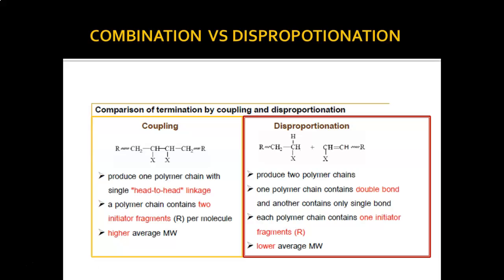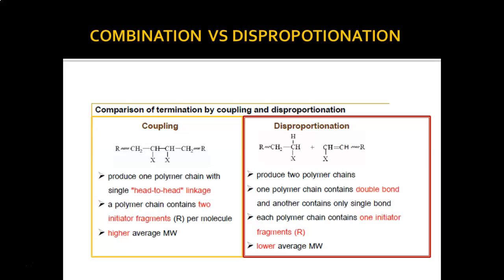This is the comparison between combination and disproportionation, which are steps in termination. Coupling or combination tends to produce one polymer chain with a single head-to-head linkage. That chain contains two initiator fragments, R, per molecule, and termination by coupling produces a higher average molecular weight.